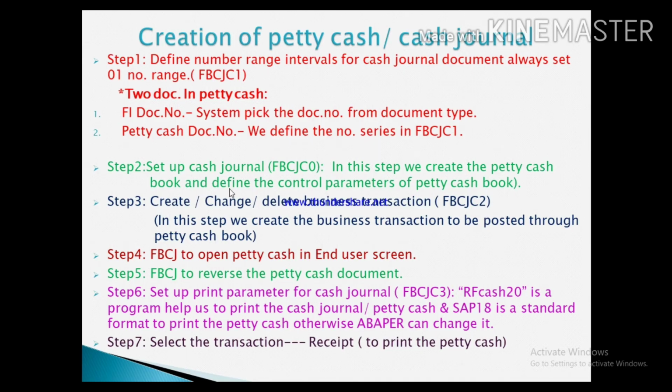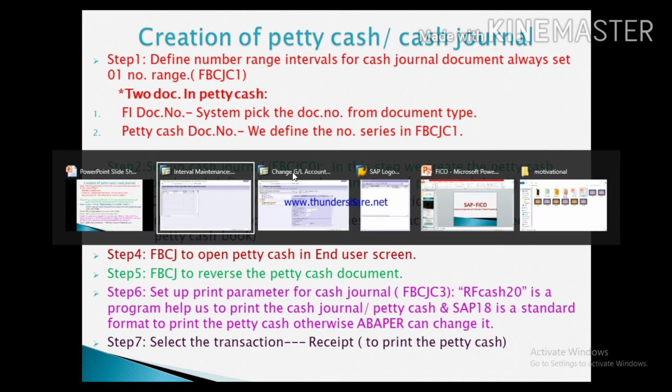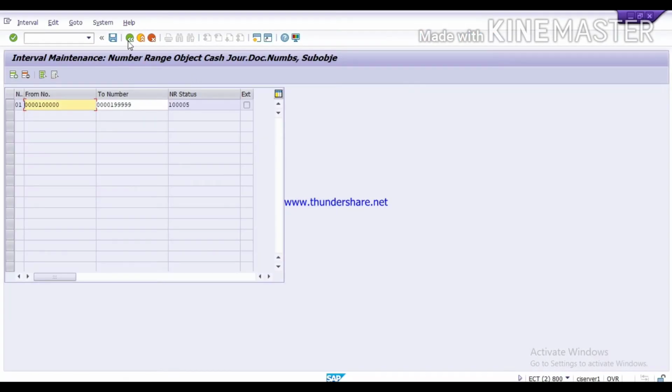Now the second step is to set up the cash journal. In this step we create the cash journal and define the control parameters of the cash journal under the T code FBCJC0. Here we will give the T code FBCJC0.